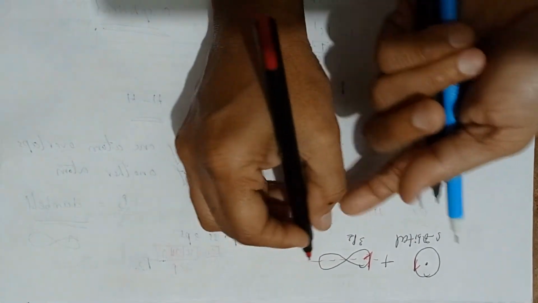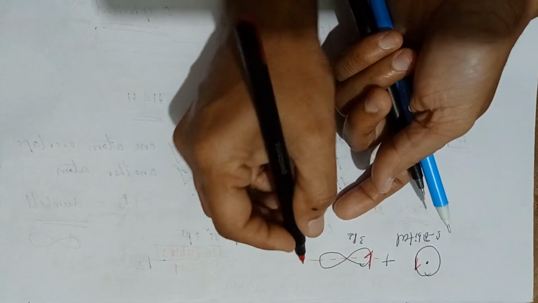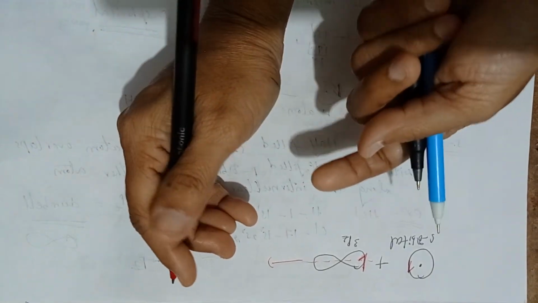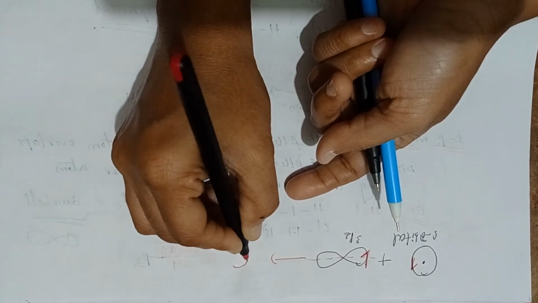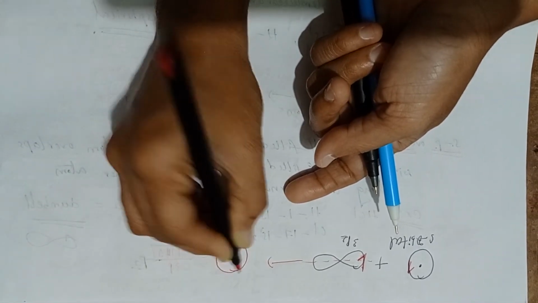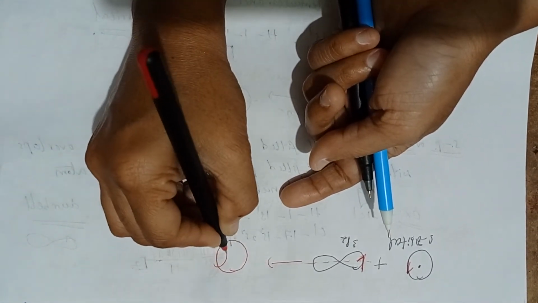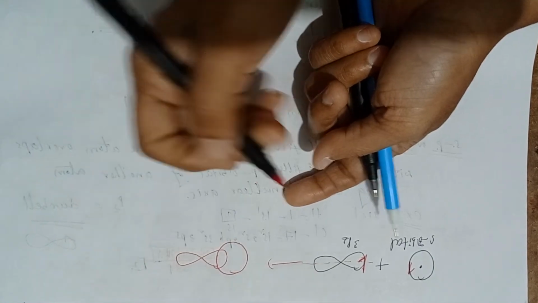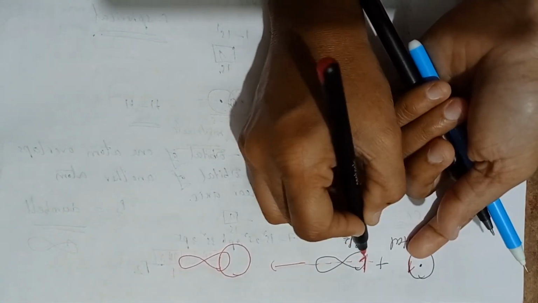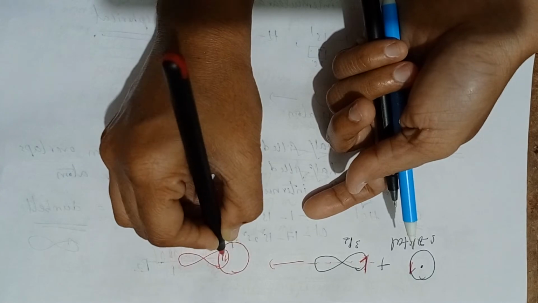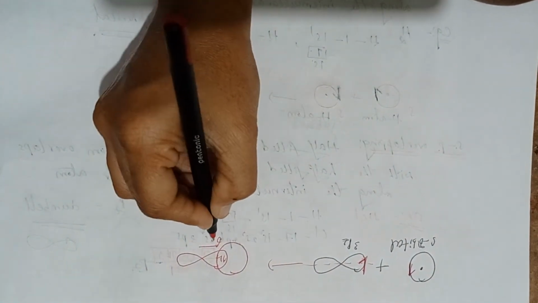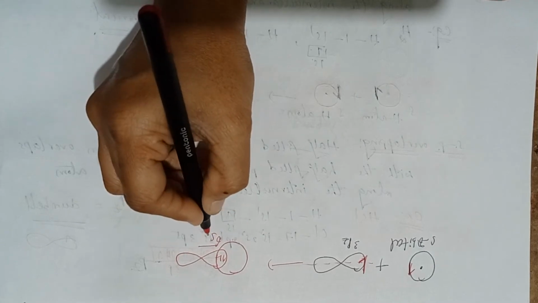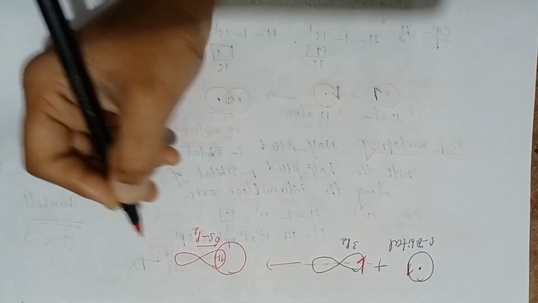Now see, these two orbitals undergo overlapping, producing sp overlapping, students. Sp overlapping means like this. This is the s orbital, this is the p orbital. This electron and that electron come together and form the sigma bond. Which type of sigma? This is the s orbital and this is the pz orbital, spz.